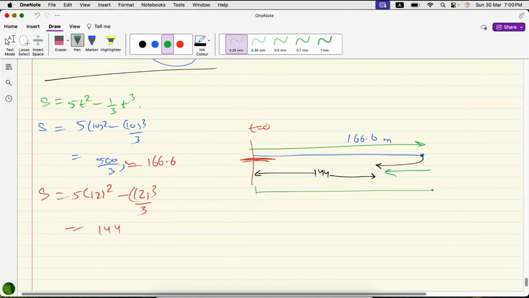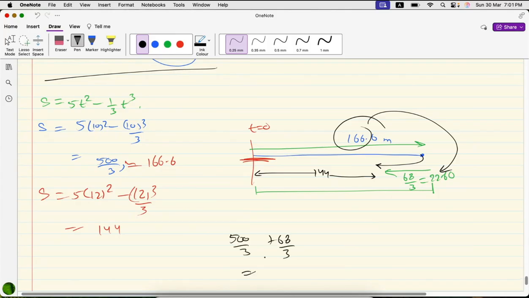So we already know this full length, that is 166.66 minus 144, and I'm getting 68 over 3, which is 22.66. So the total distance traveled is the sum of these two, because it's also going back. Yes. The direct substitution only gives you the displacement, not the distance.